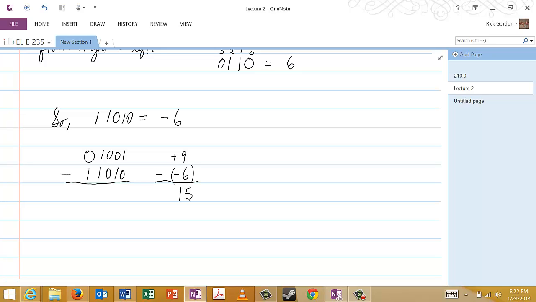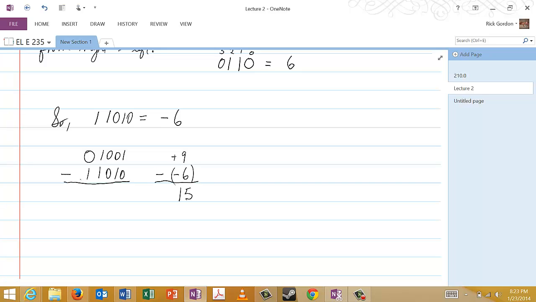Well, first of all, you have to ask the question, how do we actually do this subtraction? Since the second number is in 2's complement representation, that would lead you to believe that probably something is a little different here, and indeed it is. What we learn is that when you take the 2's complement of a number that is in the 2's complement representation, you will get the negative of that number.